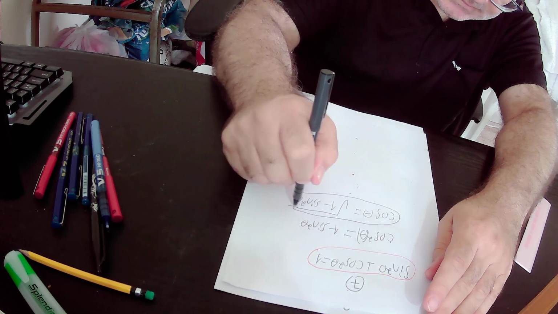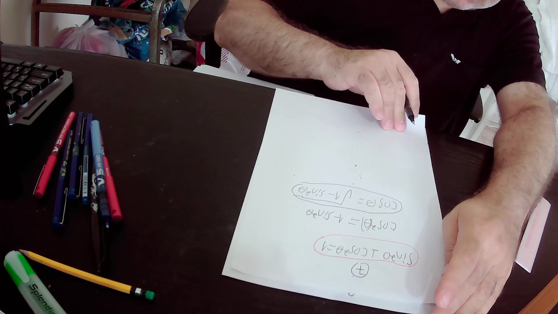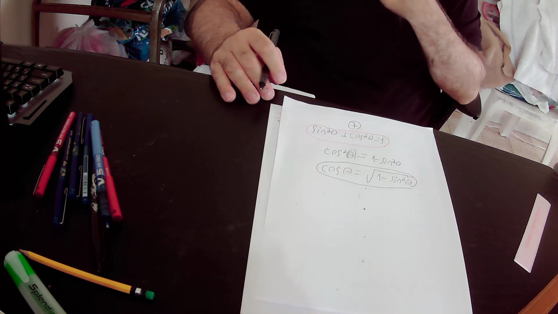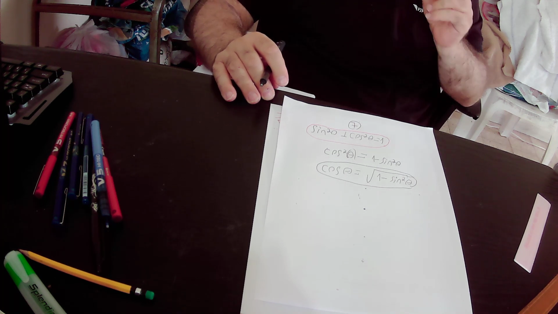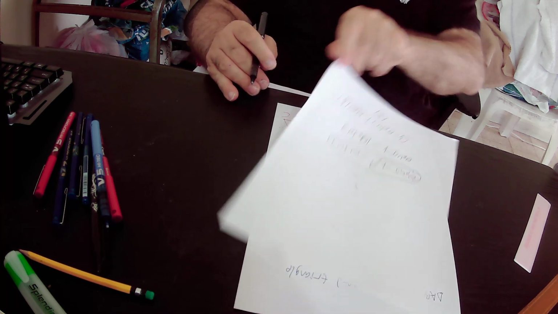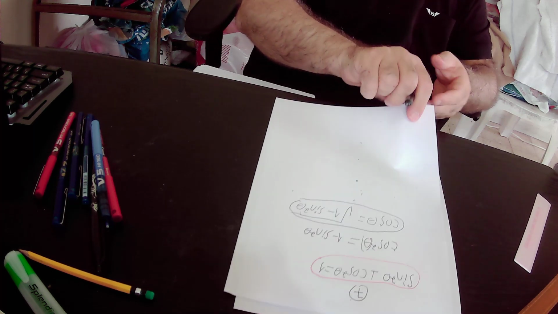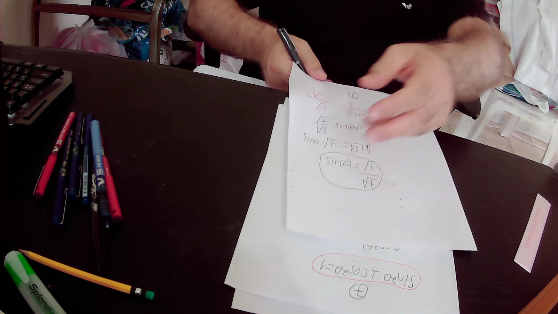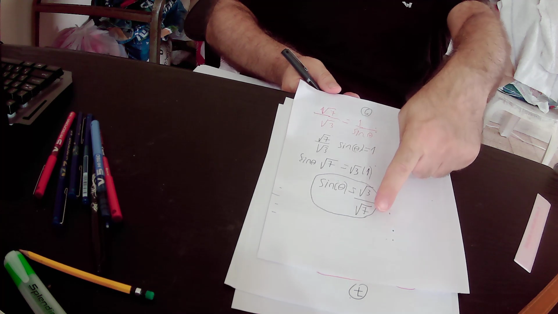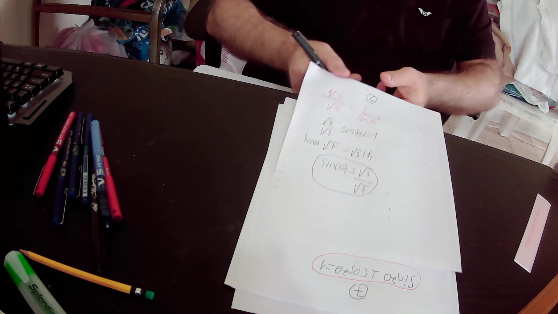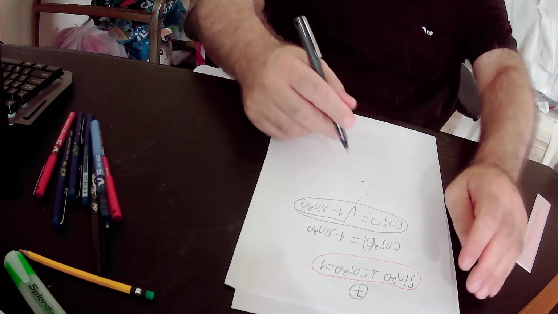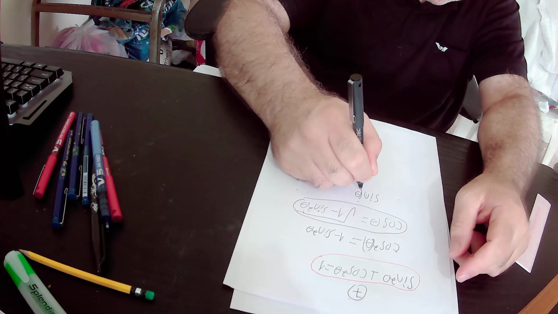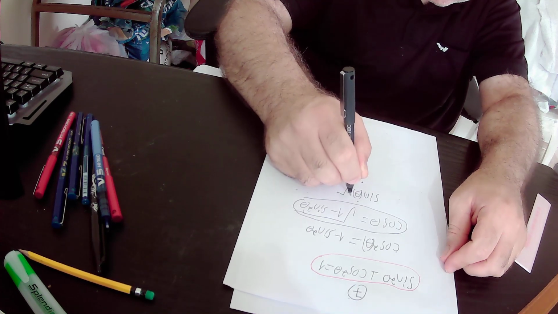Okay, so we actually found out the value of cosinus theta. Cosinus theta equals to the root of 1 minus sinus theta squared. But we have already found out that the value of sinus theta is root 3 over root 7.